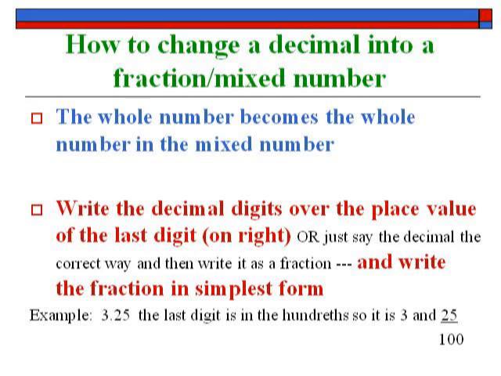Now, when we're talking about changing a decimal into a fraction, or possibly a mixed number, this is how we do it. In the decimal, the whole number becomes the whole number. So the number in front of the decimal place will be the whole number. Let's say, for example, we had 3.5. The number in front of the decimal will become the whole number of the fraction.